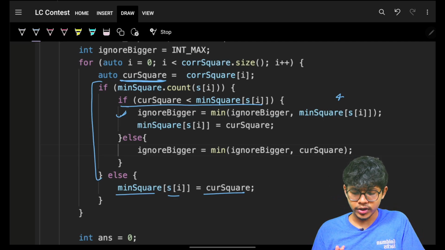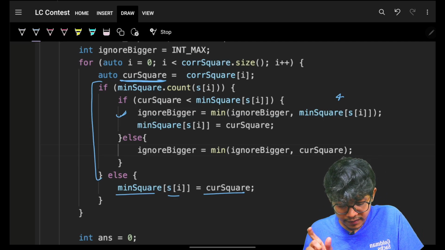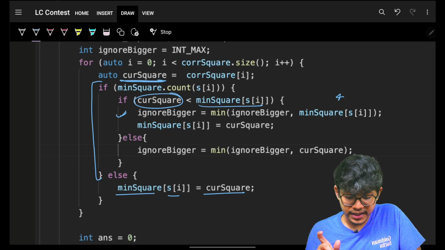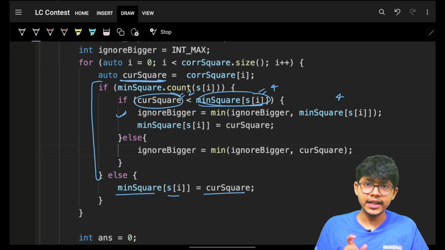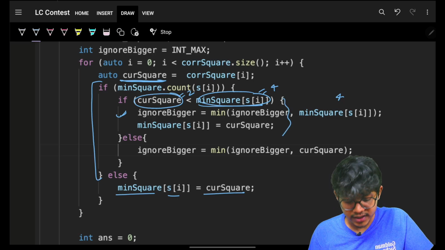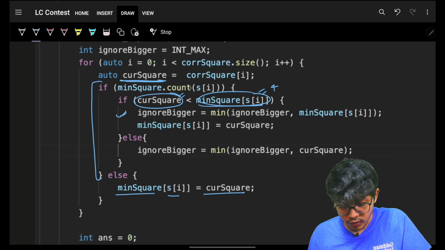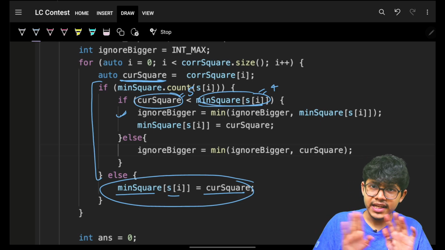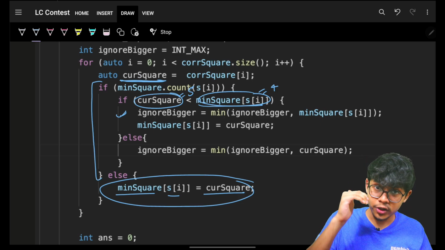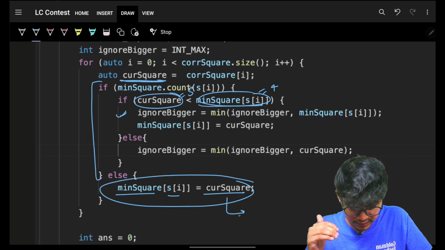Now, everything you did was when your current square was less than the minimum, which means the square value initially was a 4, you were getting a 2, and then you did all that stuff. What if you are encountering a 5? Here you did not mention any boundary because you were receiving the character for the first time.